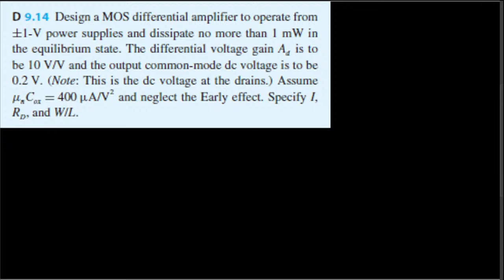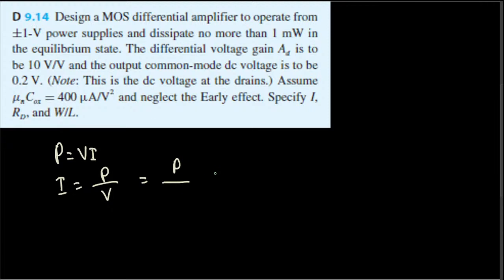Now let's see a shortcut we can use here, since a power is provided. We know that P is equal to V times I, so I is P divided by V. The power is 1 milliwatt, and for the voltage we have the drain voltage and the source voltage.